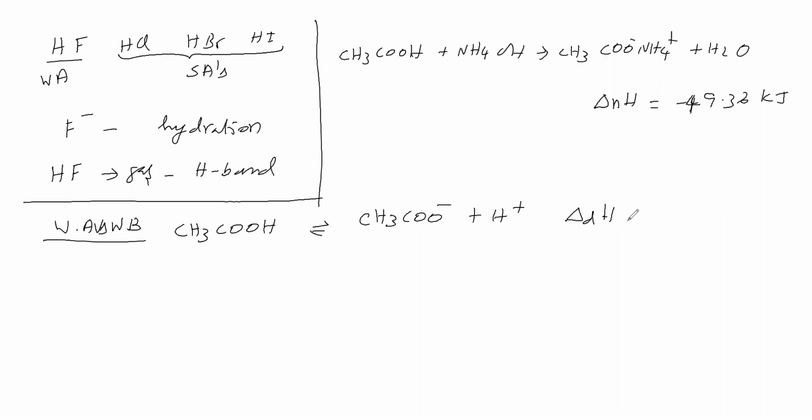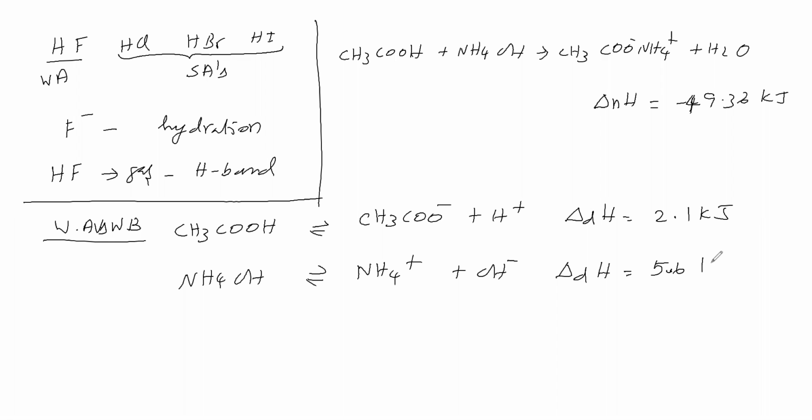The enthalpy of dissociation for acetic acid is 2.1 kilojoule. Then ammonium hydroxide, a weak base, also takes some heat from the surroundings to undergo complete dissociation. The enthalpy of dissociation of ammonium hydroxide is 5.6 kilojoule. Then this H plus and this OH minus combine to give water.